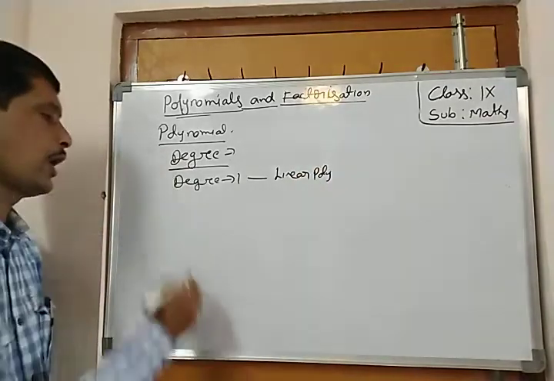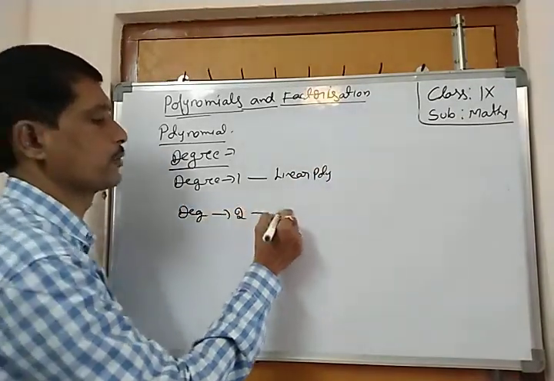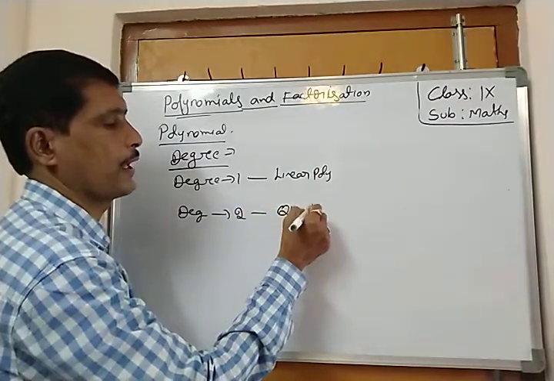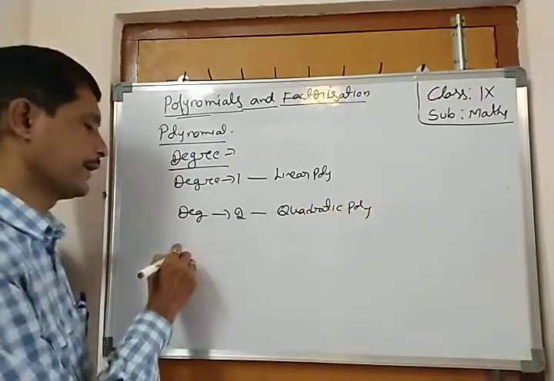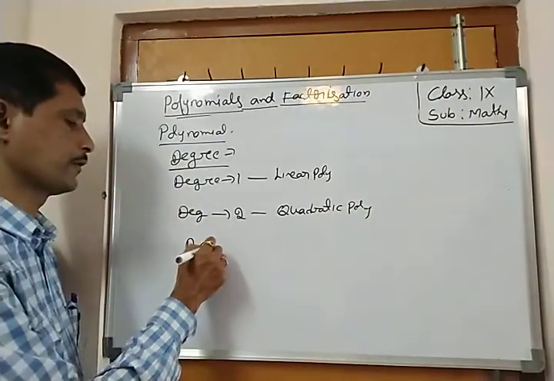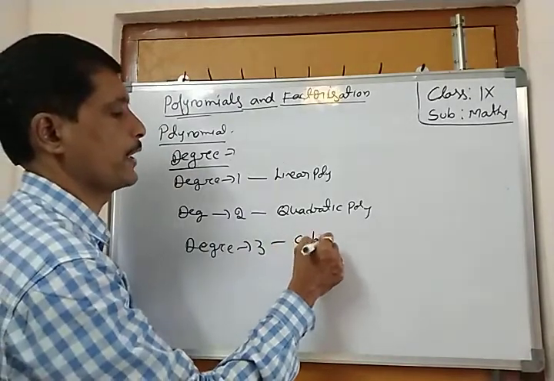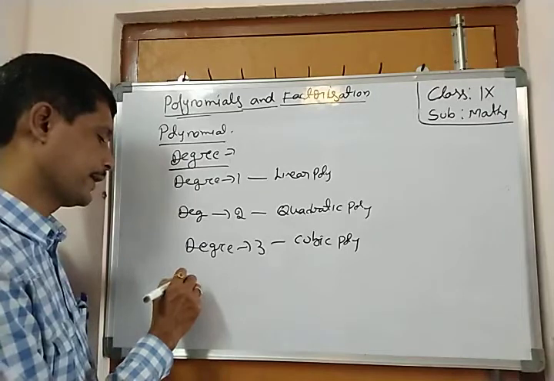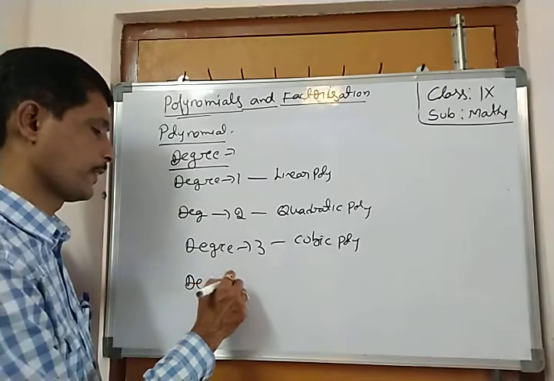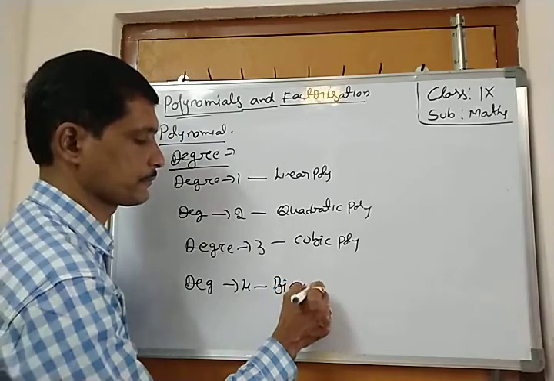If the degree is 2, that is a quadratic polynomial. If the degree is 3, that is a cubic polynomial. If the degree is 4, that is biquadratic.